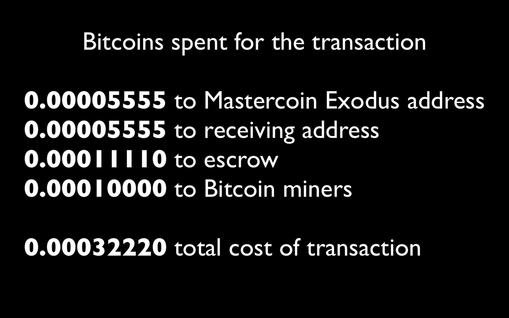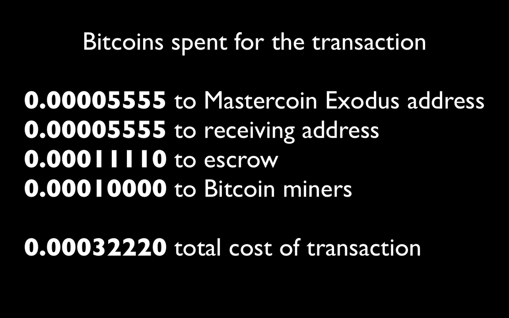Then we paid the exact same amount to the receiving address. 0.00011110 went to escrow, and 0.0001 went to Bitcoin miners. If we add up all these Bitcoins that went to 4 different places, the total cost for the transaction was 0.000322.